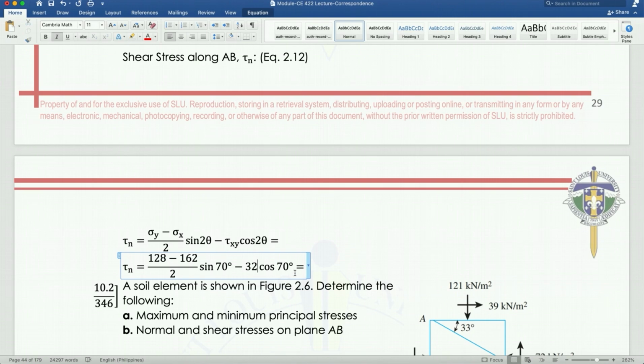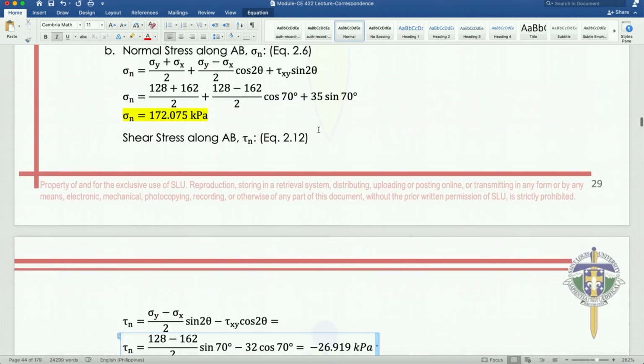And that is negative 26.919. That is in kilopascals. Balikan lang natin ito because it should not be 35. That should be 32. So 128, that is 169.